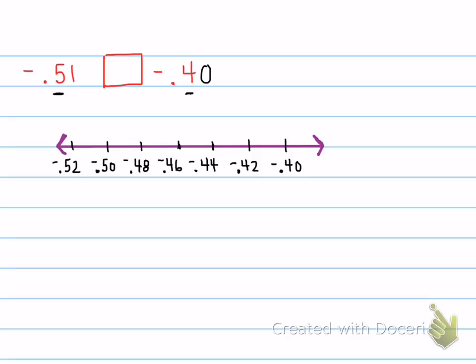And when I'm plotting these two numbers, I know that the 40 is here, and the 51 is exactly in between the 50 and the 52 hundredths. Negative 40 hundredths is further to the right, so I know that's bigger, which means negative 51 hundredths is going to be less than negative 40 hundredths.